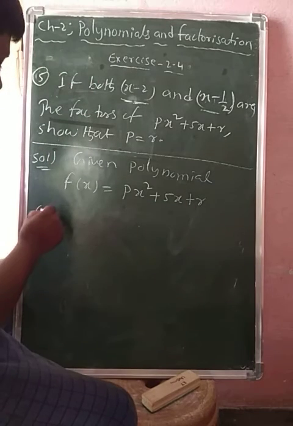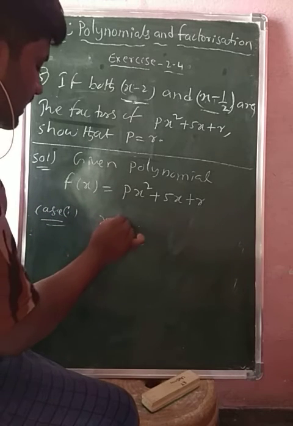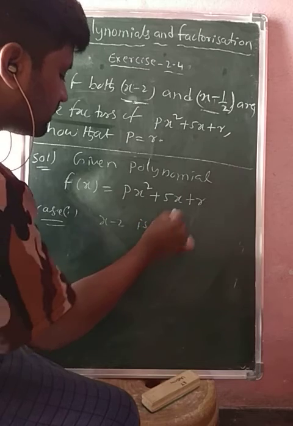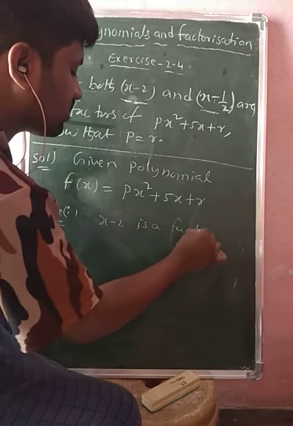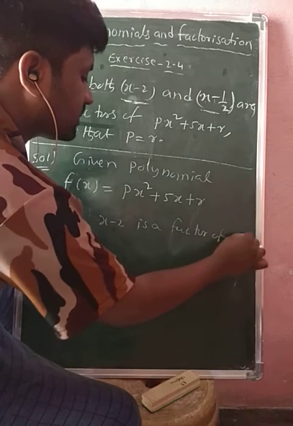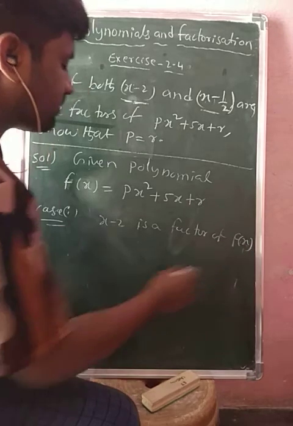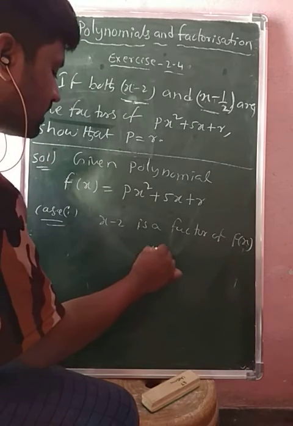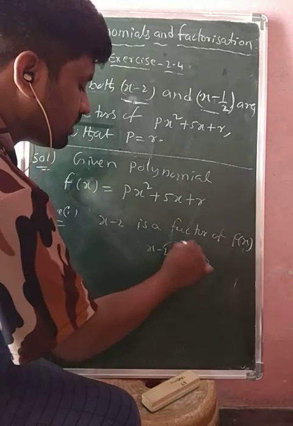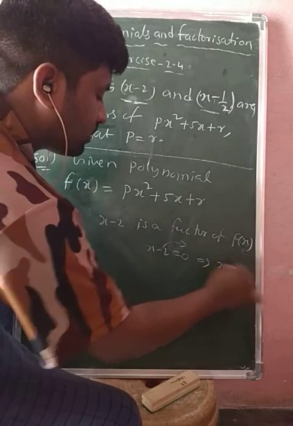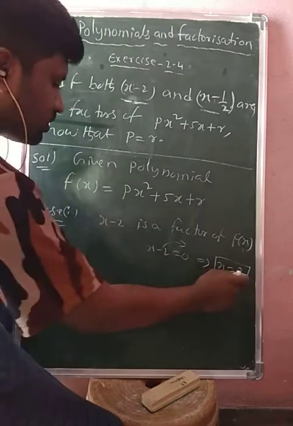So in case 1, I am taking x minus 2 is a factor of f of x. Already in the question it is given that it is a factor of f of x, so we can take x minus 2 equals 0, and we get x is equals to plus 2. So you just replace x with 2, then what happens?